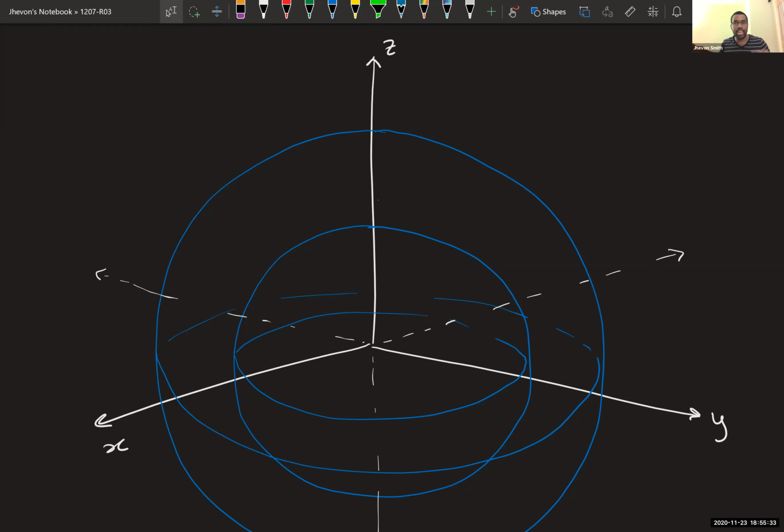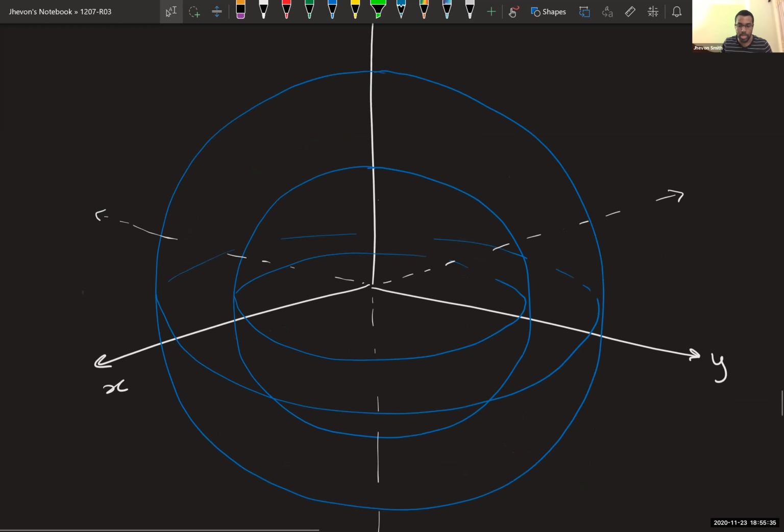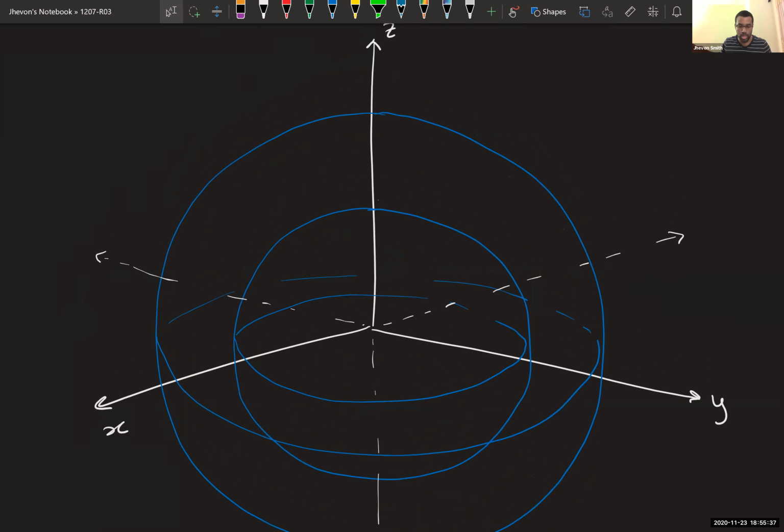So that being said, I just want to carve out the part of this object that fits that description, which means I need to slice the little sphere where it would meet the XZ plane.